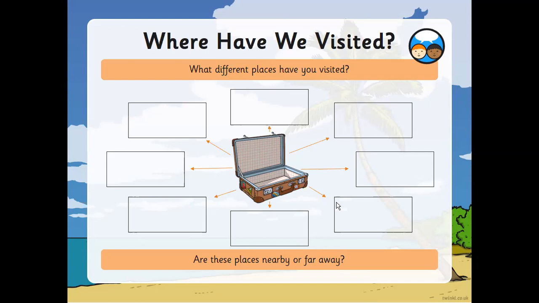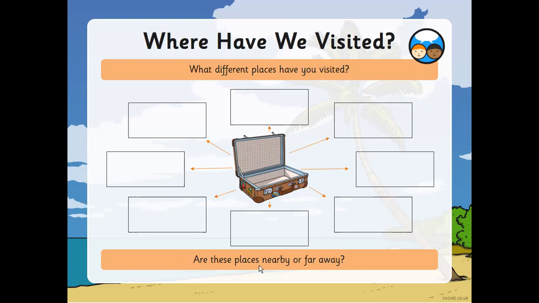Then around it, write all the different places that you have visited. For example, think about day trips, visits to the local area. It could be a holiday to a UK coast. What different places have you visited?